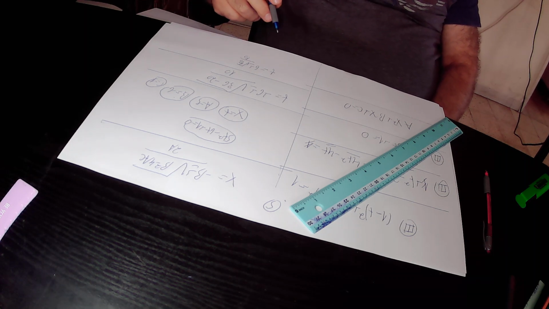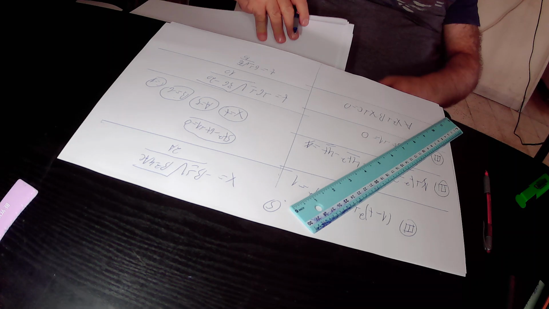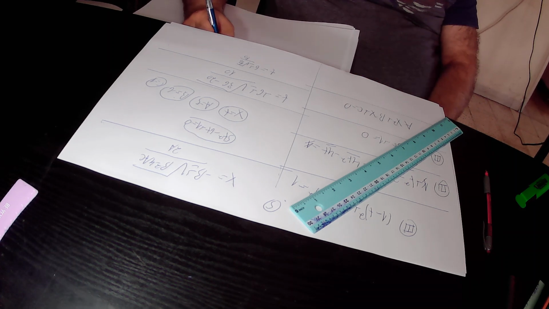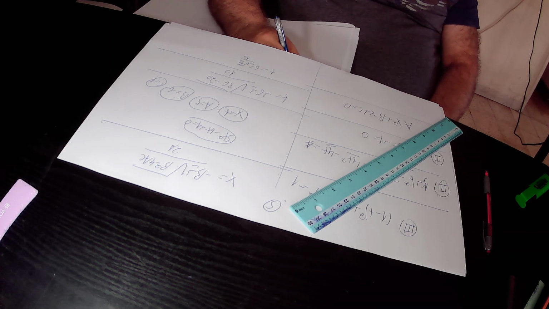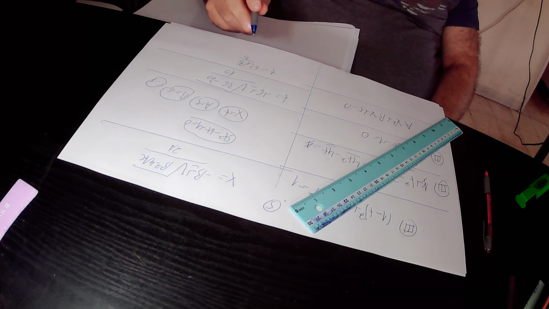Now we know that the square root of 16 is 4. So in conclusion, we found out that t equals to 6 plus minus, again the square root of 16 is 4, so it is 4 divided by 10.